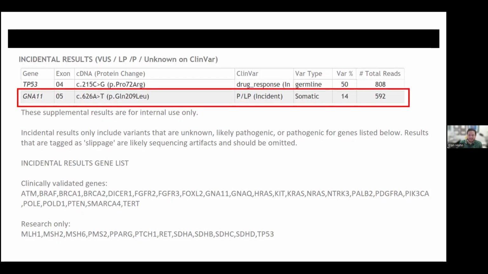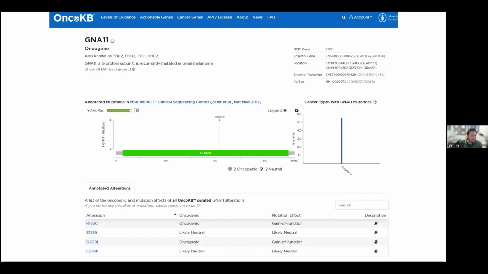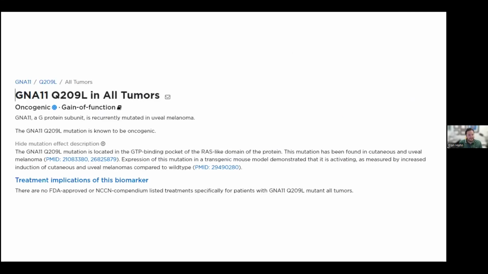And GNA11, though, is a pathogenic or likely pathogenic variant at 14% here. Looking more at GNA11, it's recurrently mutated in uveal melanoma. This specific mutation is a hotspot. It's in the GTP binding pocket of the RAS-like domain of the protein.